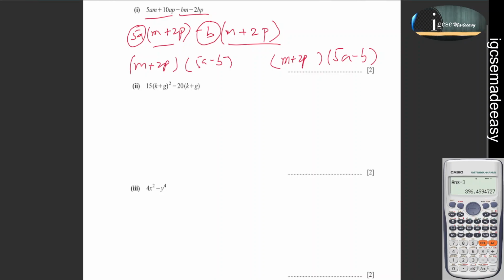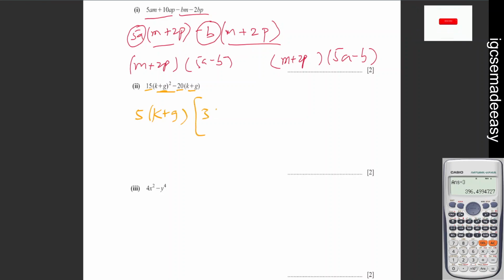Let's move on to the second part. We have to factorize this part also. We can see that k plus g and k plus g are common in these two terms. We can take out 5, since 15 and 20 both are in the 5 times table. So 5 we take out, and k plus g also I'll take out. What is left inside? Inside will be 5 times 3 is 15, and 1 k plus g will be left, right?